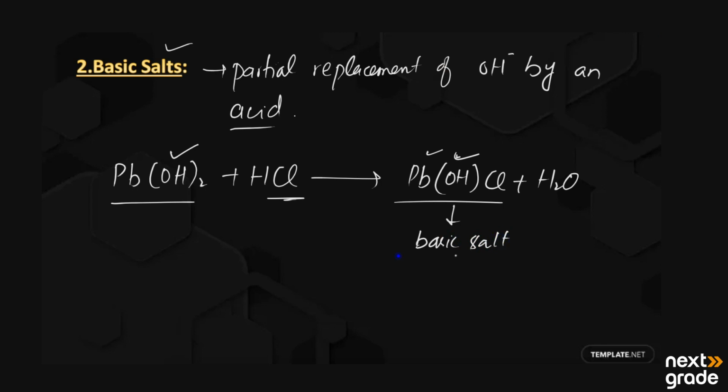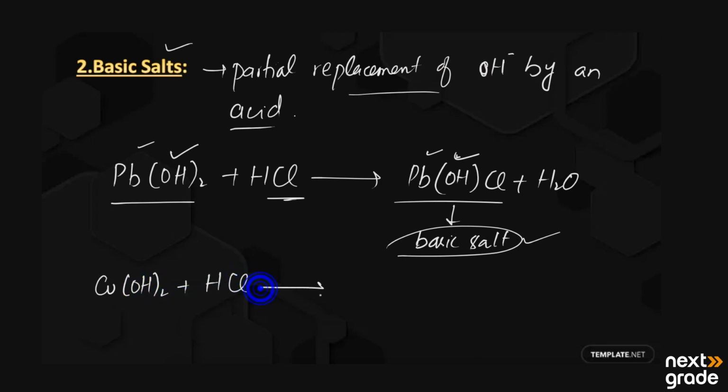The salt that is formed by partial replacement of hydroxide ions by an acid. It means if an acid reacts with a hydroxide, it replaces only one hydroxide ion but not all the hydroxide ions, and then this is known as a basic salt. Next, another example is cuprous hydroxide reacting with HCl.